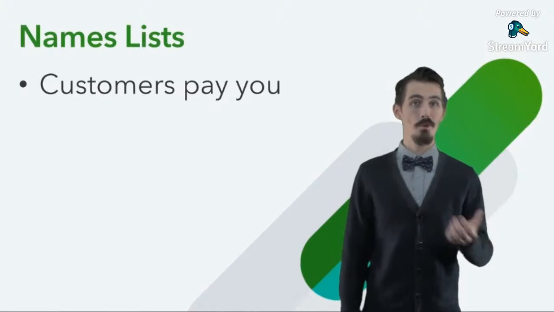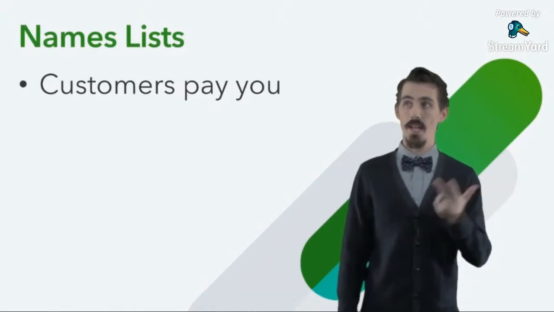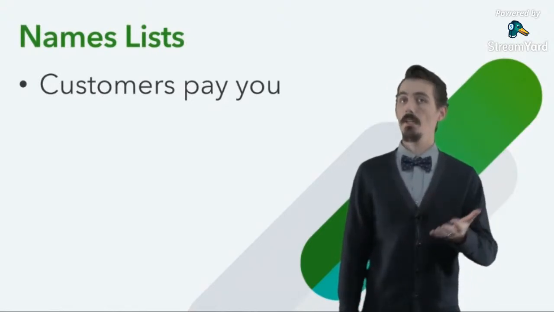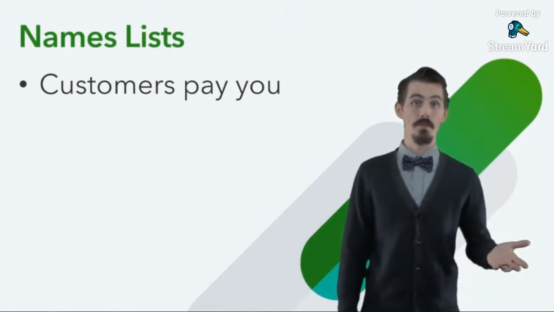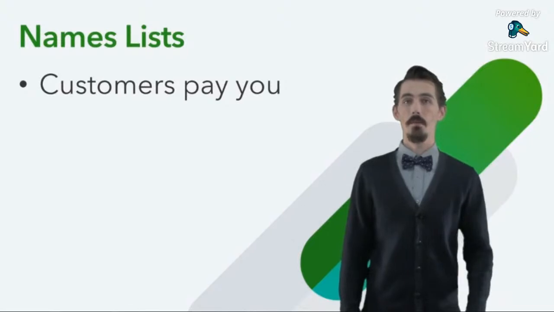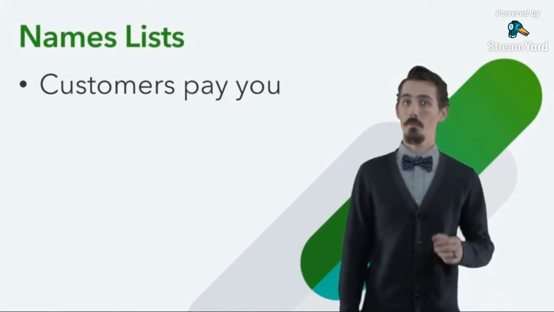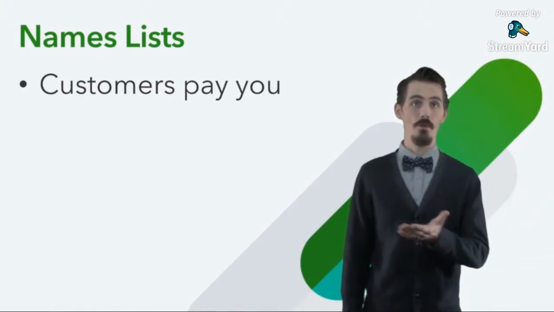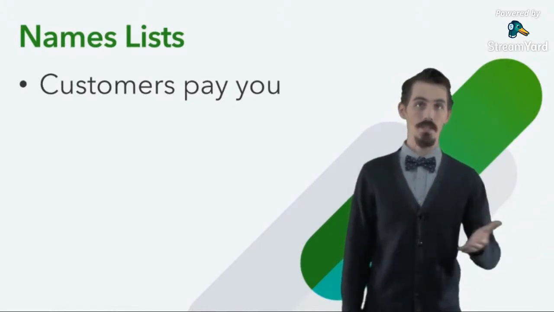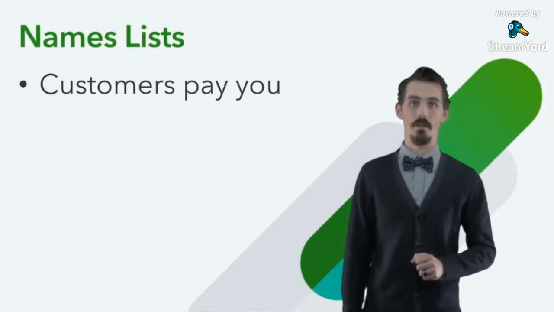You might call these people clients, guests, tenants, or even donors, but in QuickBooks they're all customers. Not every business needs to track their customers, but if you want to track how much someone owes you, or you want to see how much someone has already paid you over time, then you will need to set them up on the customers list.